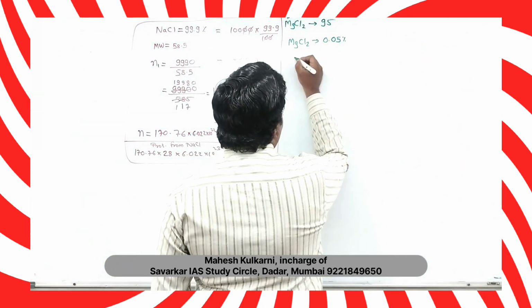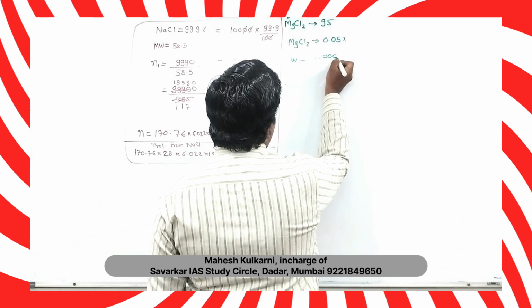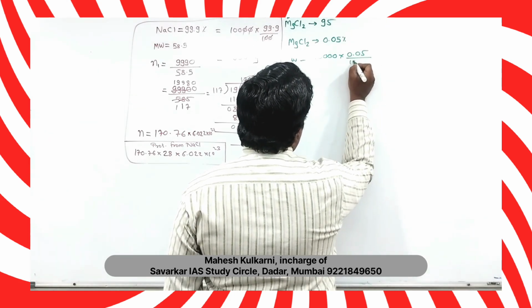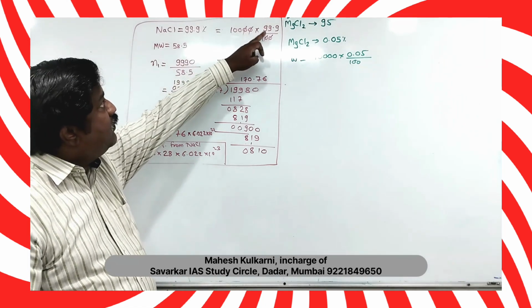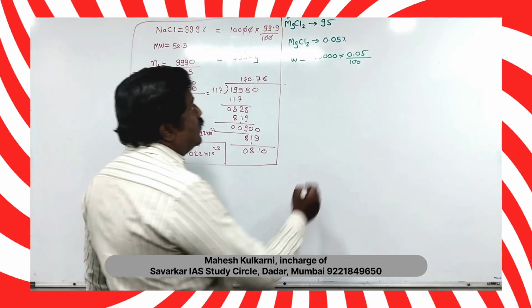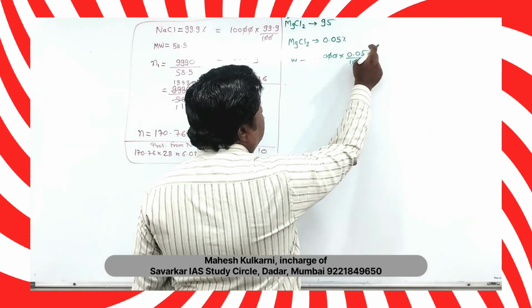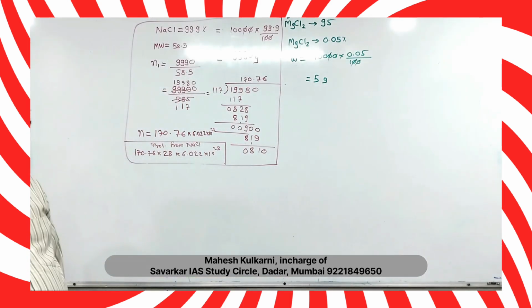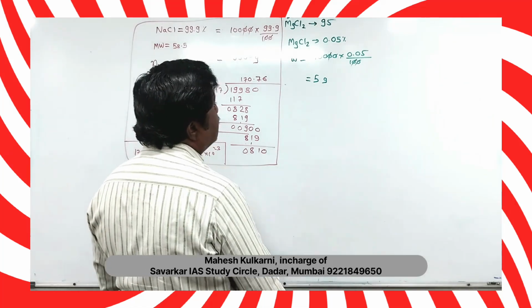So what is the weight of magnesium chloride? That is 10,000 multiplied by 0.05 divided by 100. Same calculation as before, where we performed 99% multiplied by 10,000. Now the decimal point is shifted and the weight is 5 gram. So we got the weight of magnesium chloride as 5 gram.